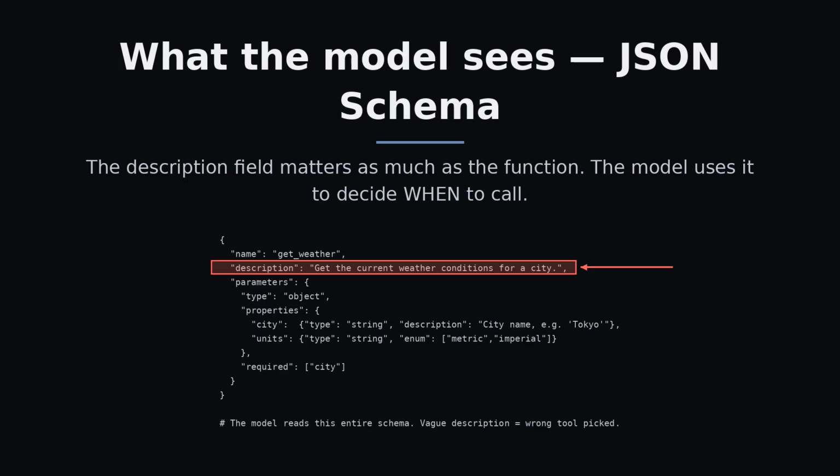Vague description equals wrong tool picked. Specific, distinctive descriptions, including when to use it and when not to, make the difference between a tool the model uses well and one it ignores. Treat the tool list as part of the system prompt, because from the model's perspective, that's exactly what it is.